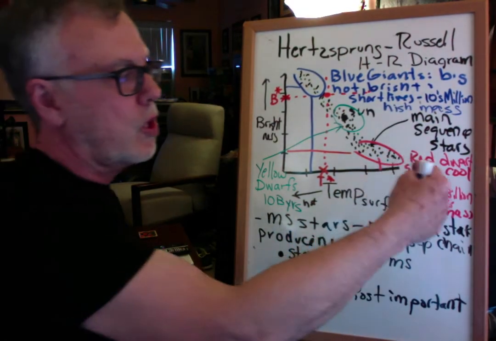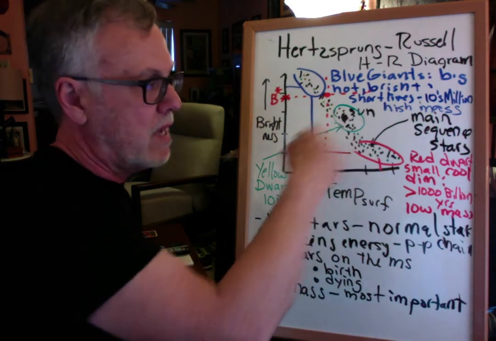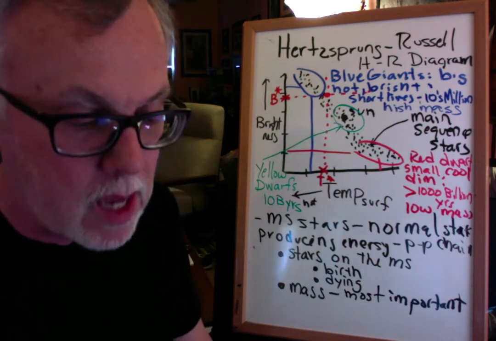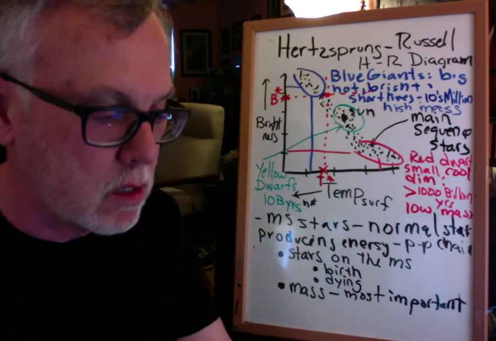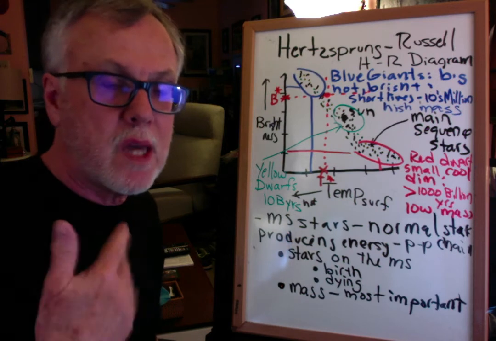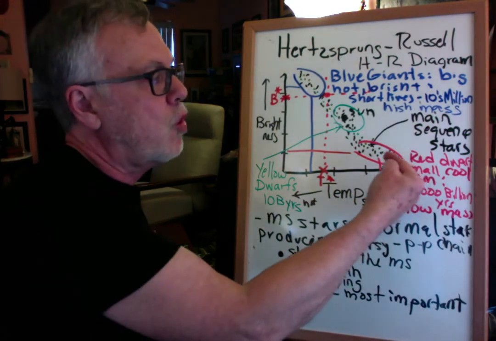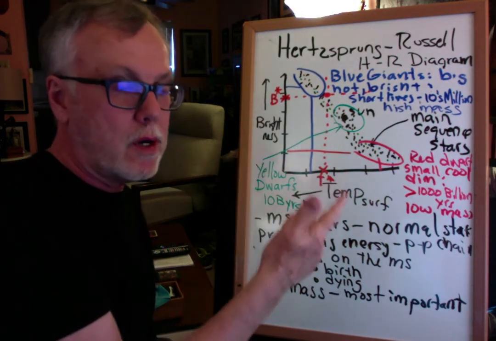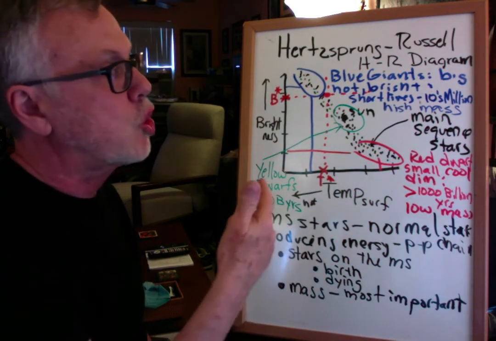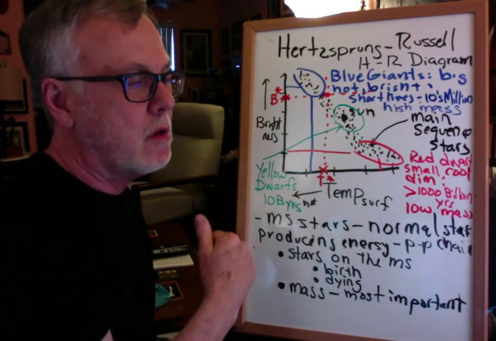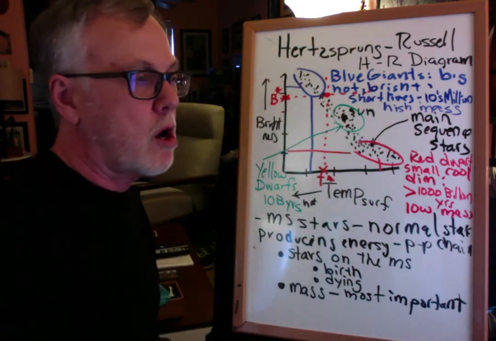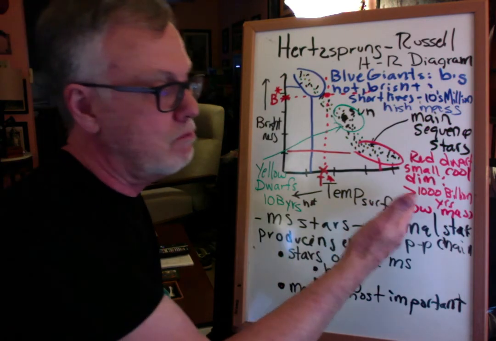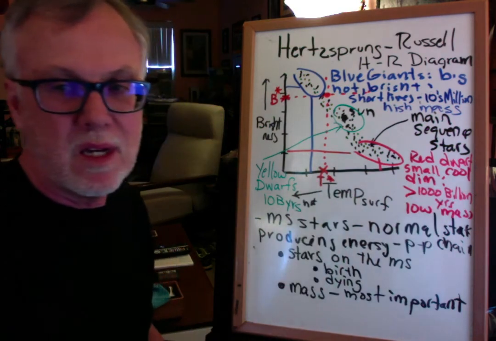So in between, the mass is in between for the yellow dwarfs compared to the red dwarfs and the blue giant stars. So put this together. Think it through. If I go up the main sequence, the stars get bigger, hotter, brighter, and they have shorter lives. Going down the main sequence, the stars get smaller, cooler, dimmer, but they get much more long-lived than the blue giants.